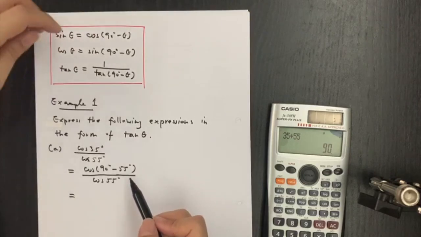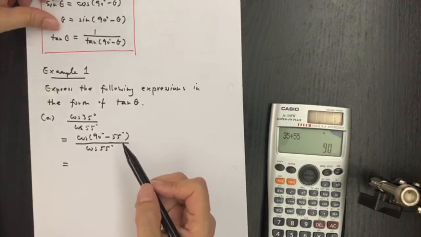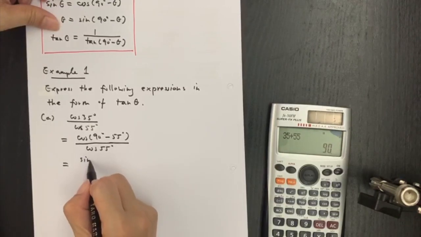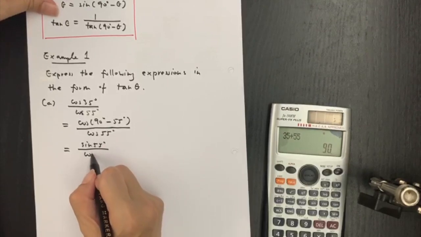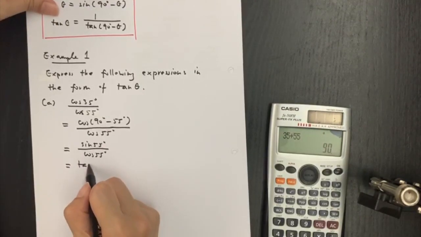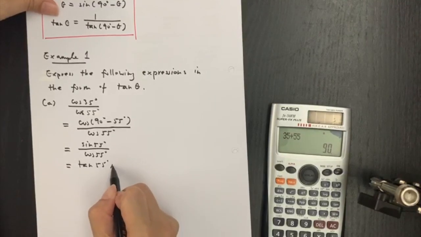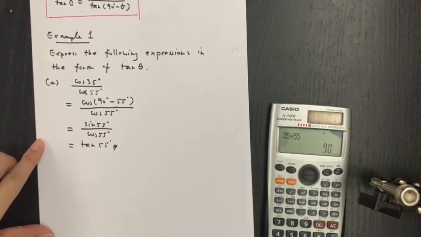On top, if we have cosine of 90 minus theta, that is equal to sine theta. So on top I have sine 55, divided by cosine 55, so the final answer will be tangent 55. So this is how we change that into tangent theta.